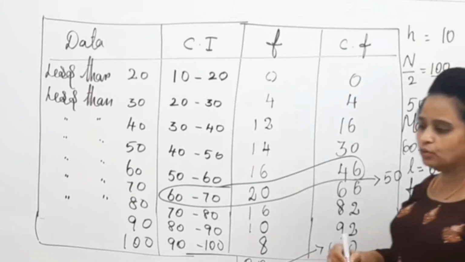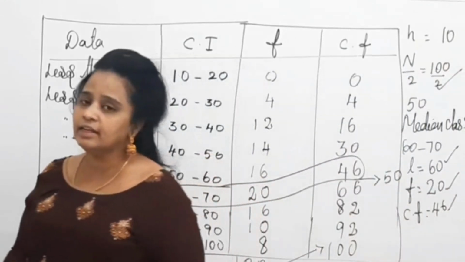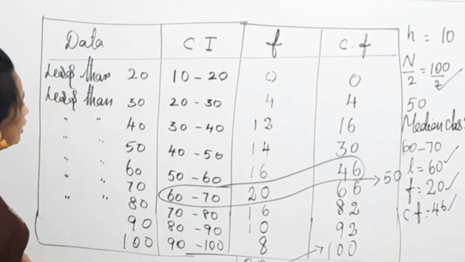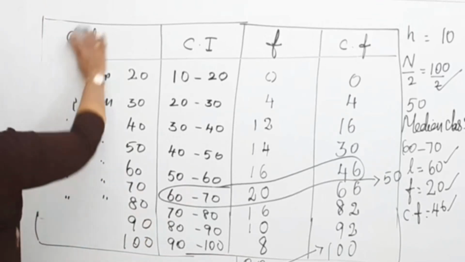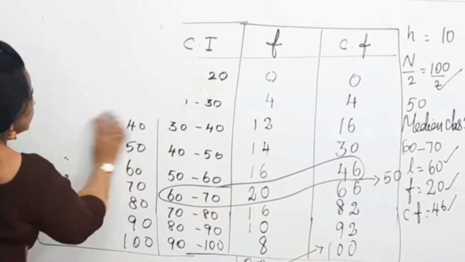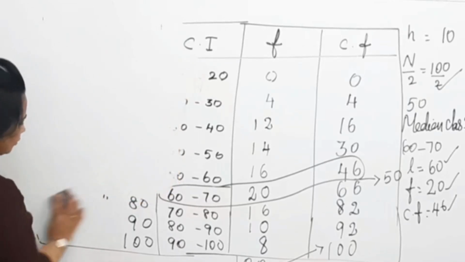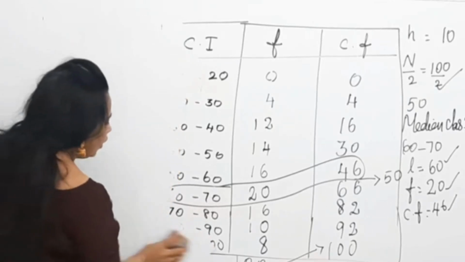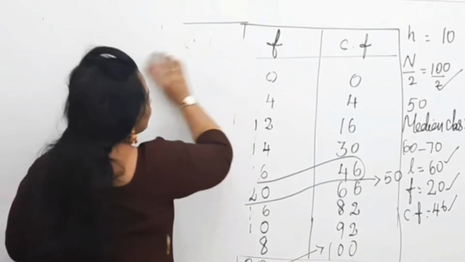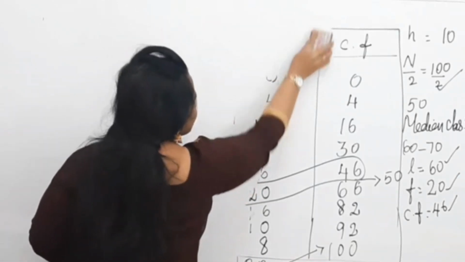Now we are going to substitute in the formula to find our median after finding all the values. So as I told you in our previous video, please write all the description. That's very important so that you can pick up your exact value, just substitute it and get your median. As simple as that.